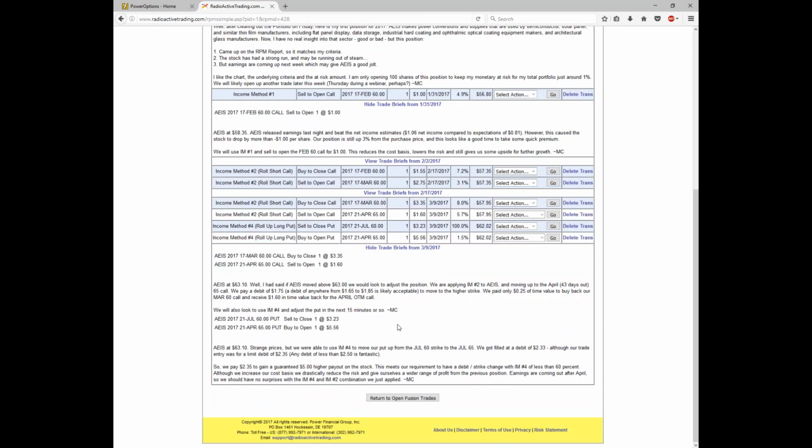Might not be easy to see, but back on March 9th, close to where we were talking about, AEIS was up to 63.10. At the time it was at 62.50, but later on it was at 63.10. Remember, we had purchased that July 60 put.